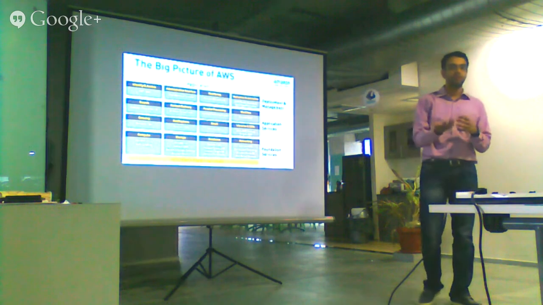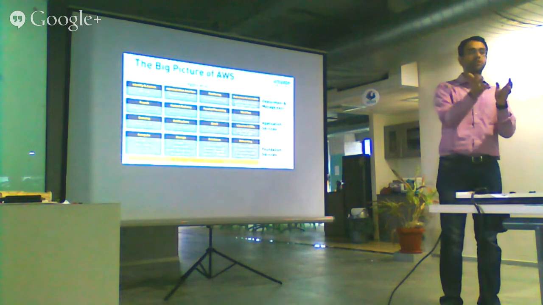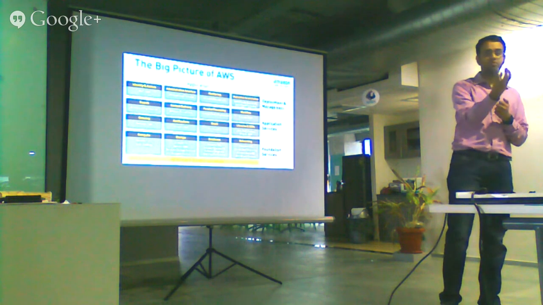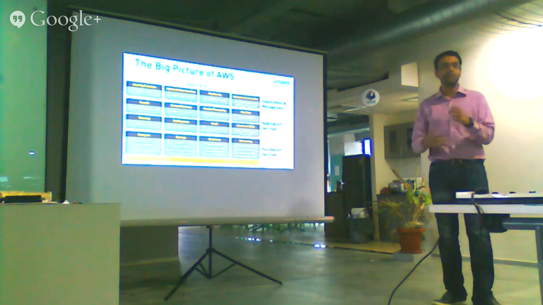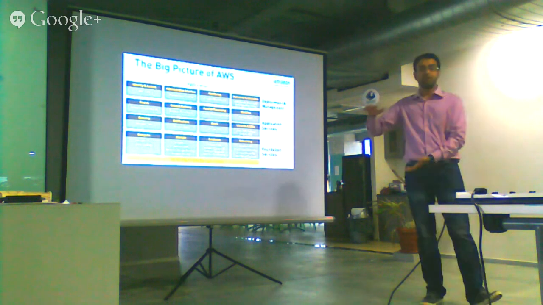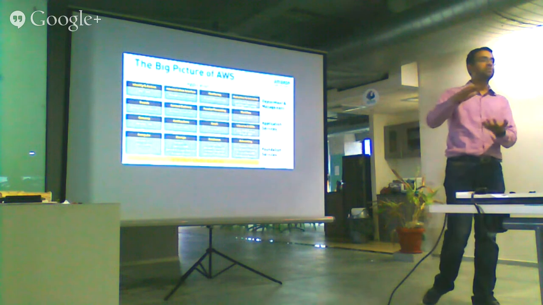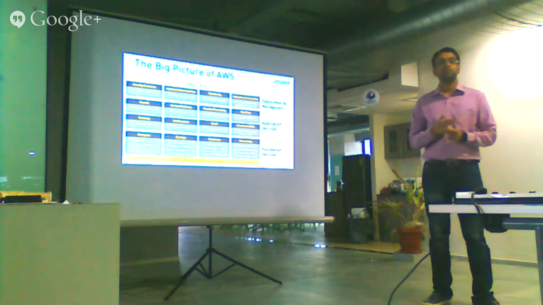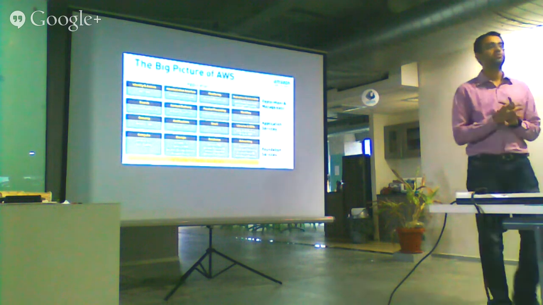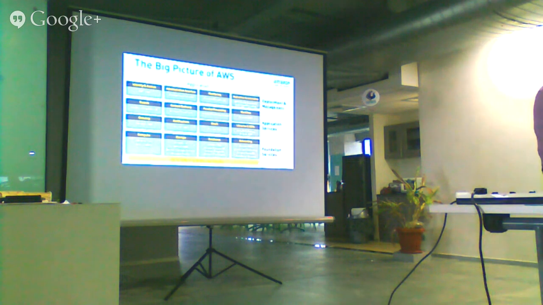I'm not saying it will not work on a server, but you are abstracted from all of that, and you are charged only for the service, not for the underlying servers and application server. Are you clear? Yes. Okay, great.